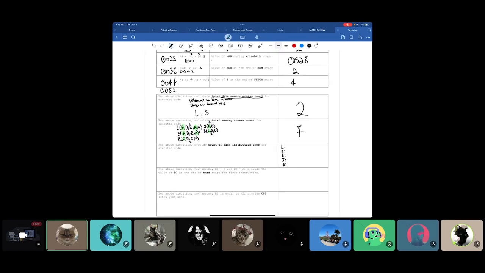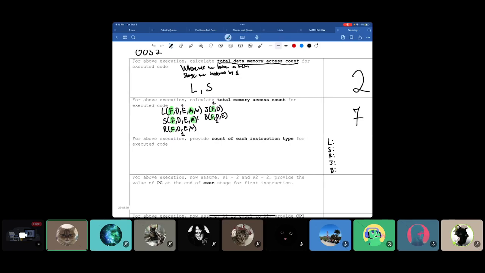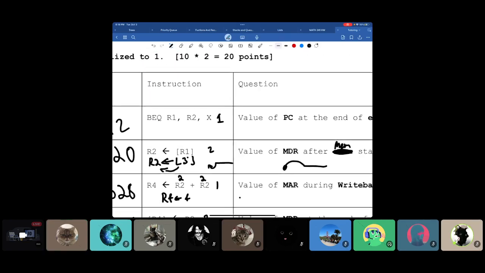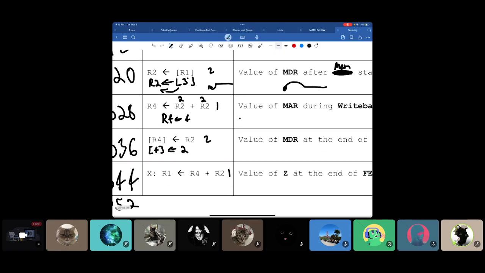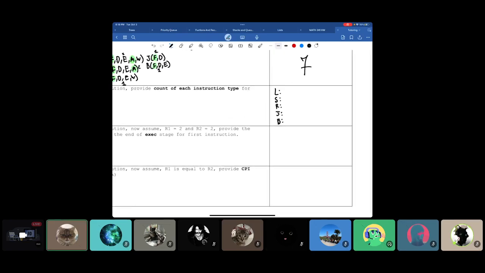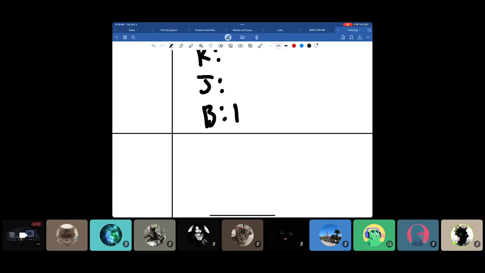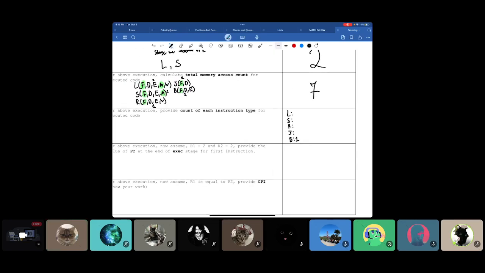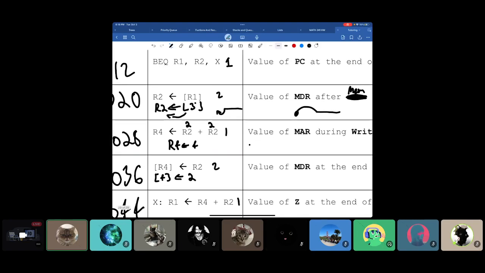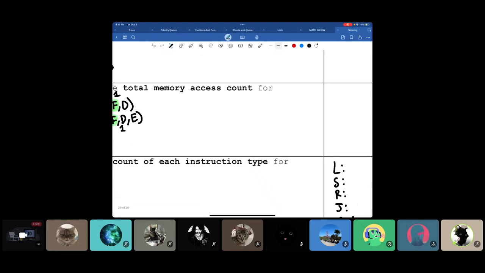And that's basically just asking us to count. I hope everyone can count here. It's just one branch instruction. Load, just one.